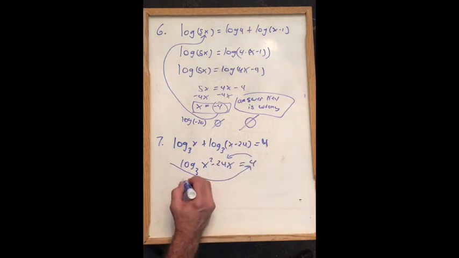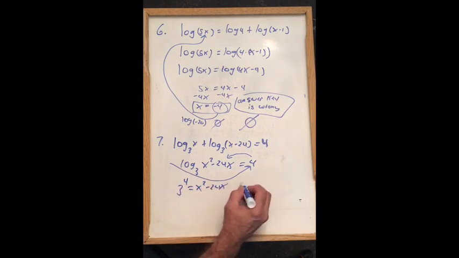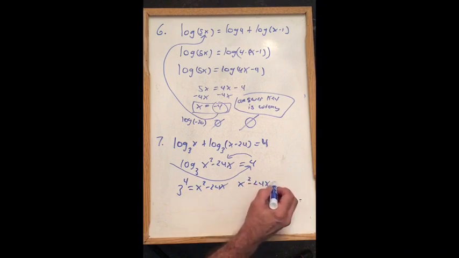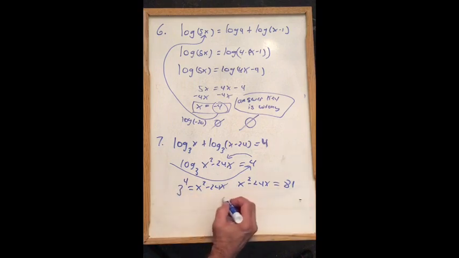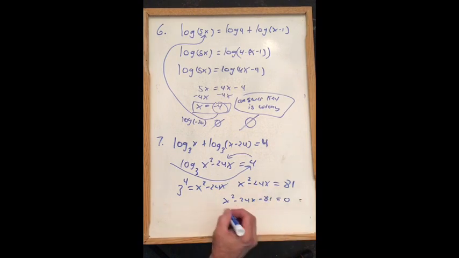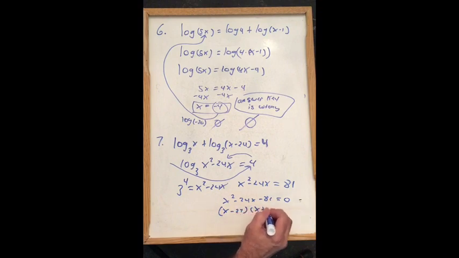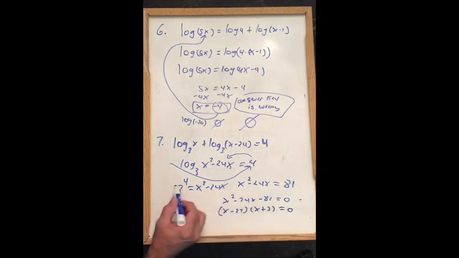So I get 3 to the 4th power is equal to x squared minus 24x, or x squared minus 24x is equal to 81, because 3 to the 4th is 81, or x squared minus 24x minus 81 equals 0, and this becomes x minus 27 times x plus 3 is equal to 0. 27 times 3 is 81, and negative 27 plus 3 is negative 24.